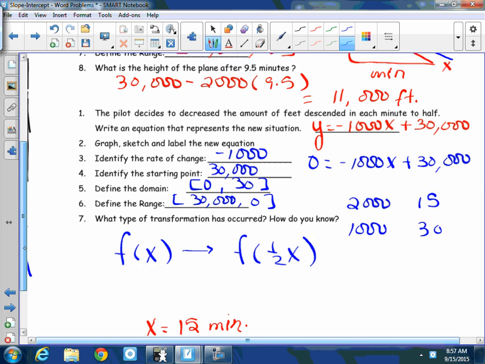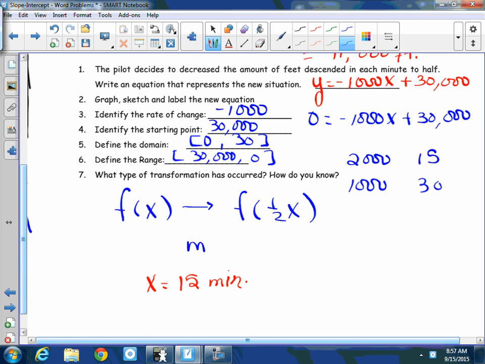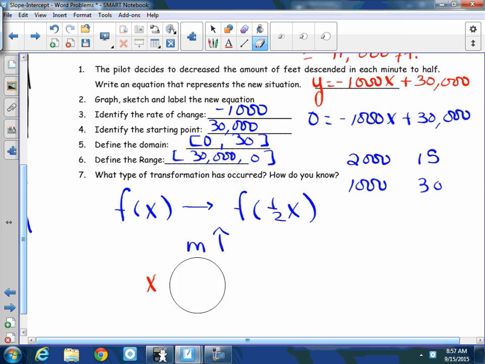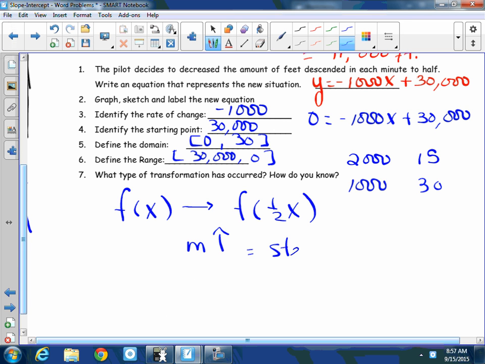When the slope is higher, we have a steeper line, and when the slope is lower, we have less steepness.